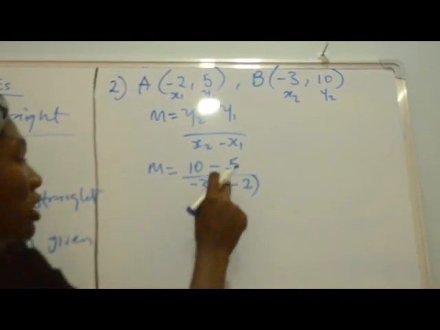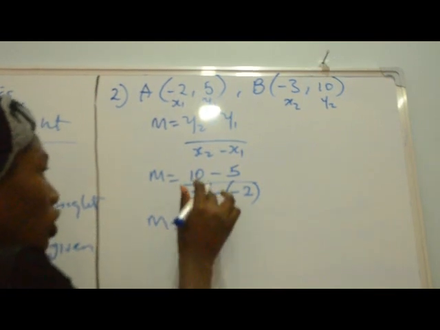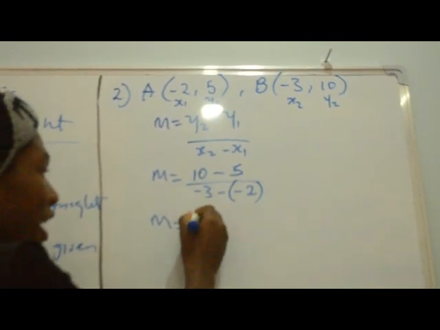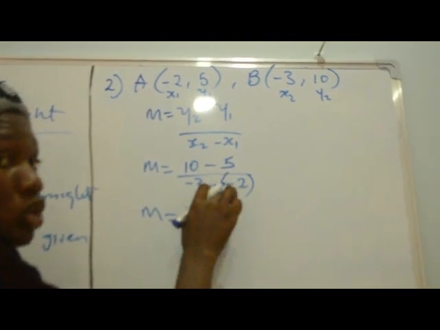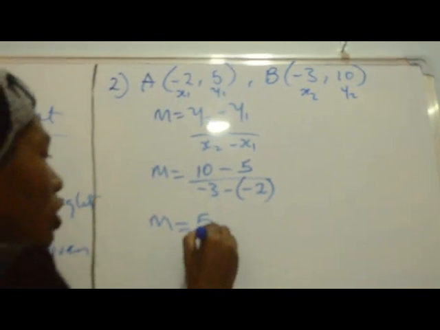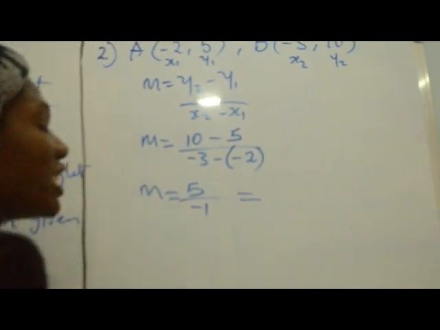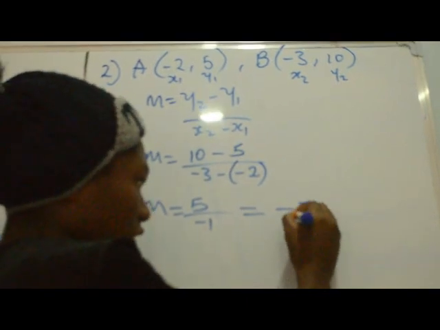So minus times minus will give us plus. So we have that our m is equal to 10 minus 5, which is 5. Now minus 3 plus 2 will give us minus 1. So our gradient is equal to 5 over minus 1, which is equal to minus 5.